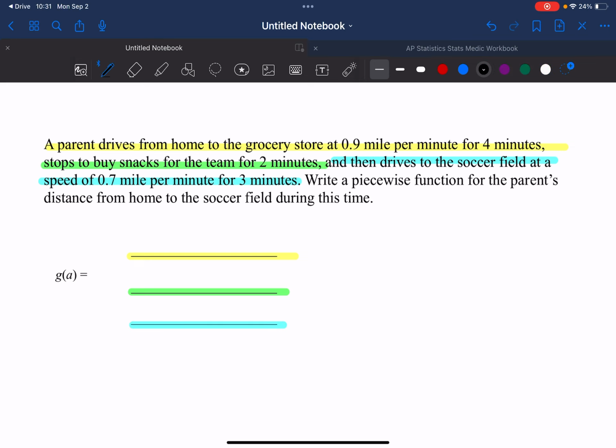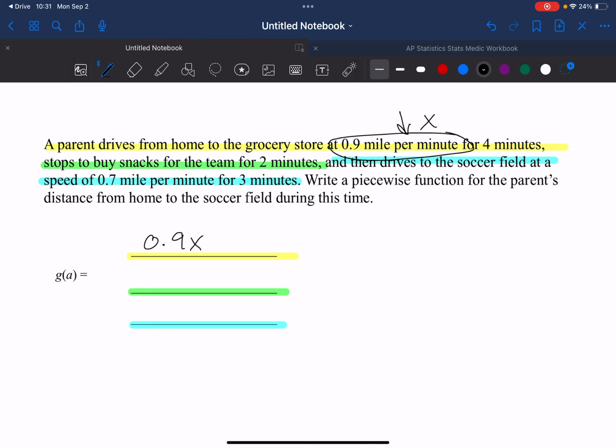So the first one, it says a parent drives from home to the grocery store at 0.9 miles per minute. Anytime you see the word per, that tells you that we're going to have an x there. So 0.9x for 4 minutes. So when she leaves her home, the time is 0. Until she gets to the grocery store, her time is 4.